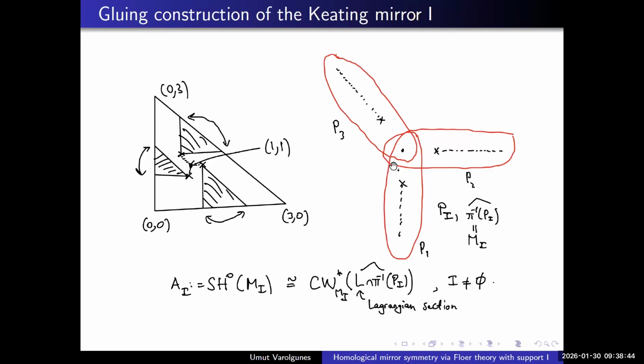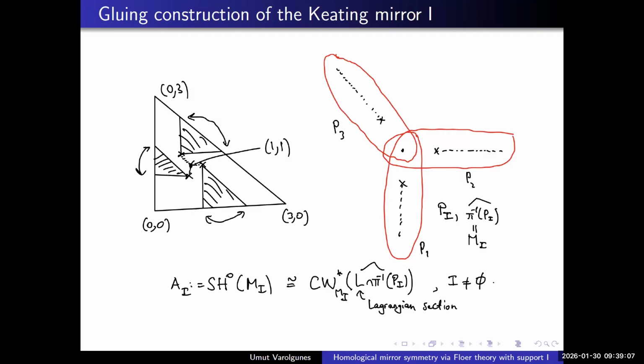I want to note that there is also a Lagrangian section in this picture, and that satisfies this density property. It's really a section. So instead of doing SH^0, you can also do the Lagrangian wrapped Floer algebra of that Lagrangian.